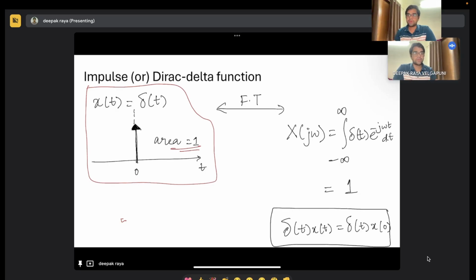And its Fourier transform is obtained by writing the expression, as we have seen. Since it is defined only at 0, any function f of t, when you multiply it with the Dirac delta function delta t, gives delta t times the signal's value at 0.